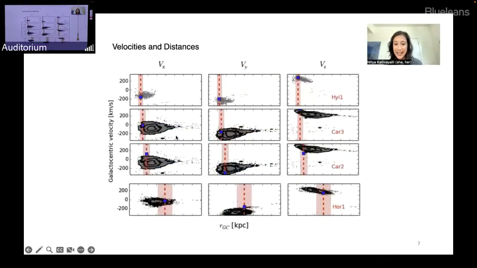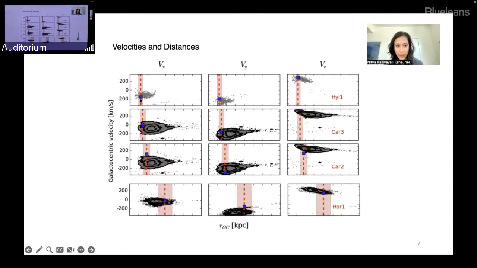This is just showing an example of some of those systems for ultra-faint dwarf galaxies, their galactocentric velocities and distances. This is Vx, Vy, and Vz, and these gray points are ultra-faint dwarf galaxy analogs in the simulation that are coming in with the LMC and where you would expect them to fall given the LMC's orbit and velocity in this space.